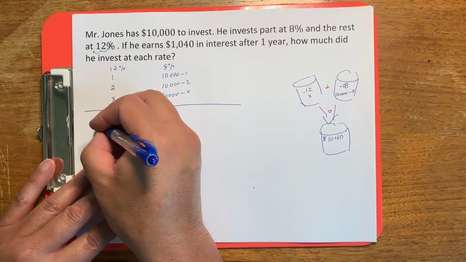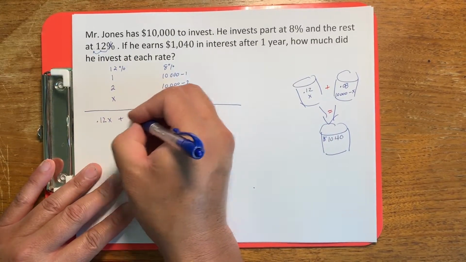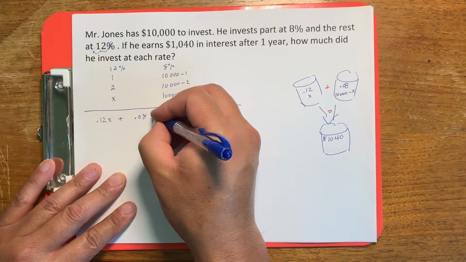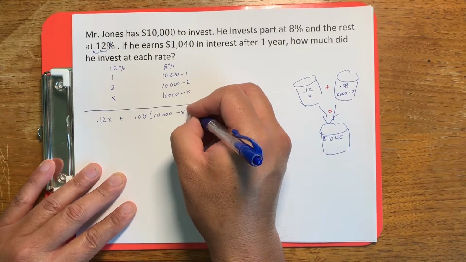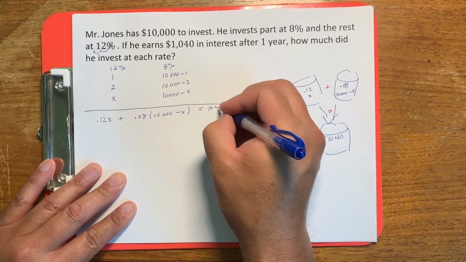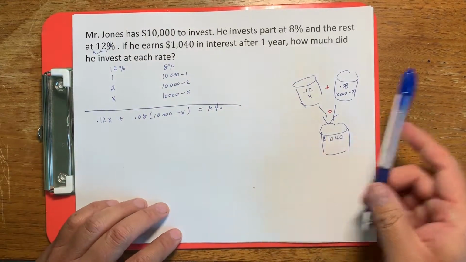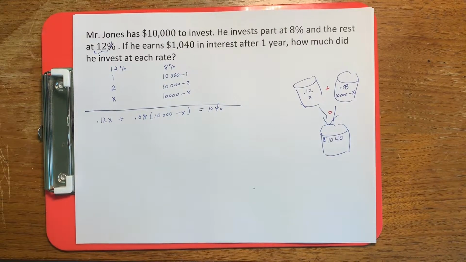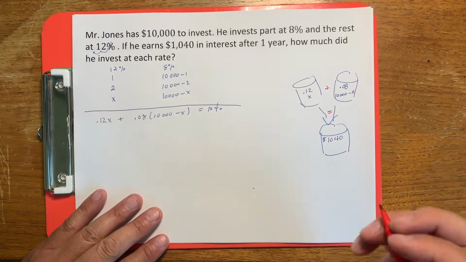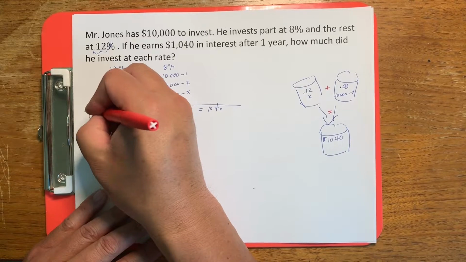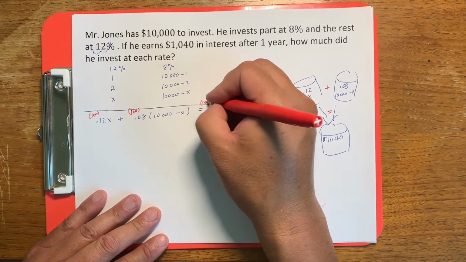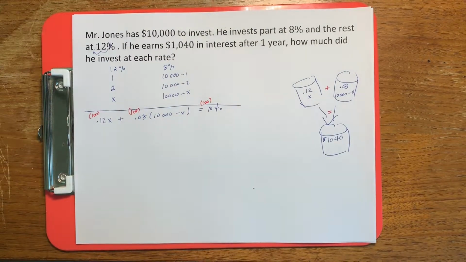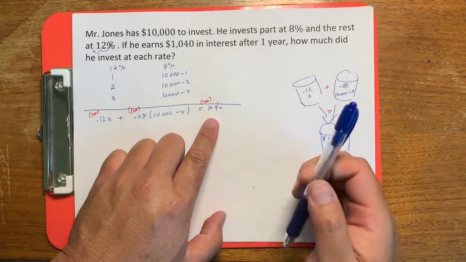Now, let's solve this. 0.12x plus 0.08 times 10,000 minus x is equal to 1040. Okay. Now, what we want to do is get rid of the decimals. So we have to multiply every term by 100. And that even includes the total, which doesn't have a decimal.